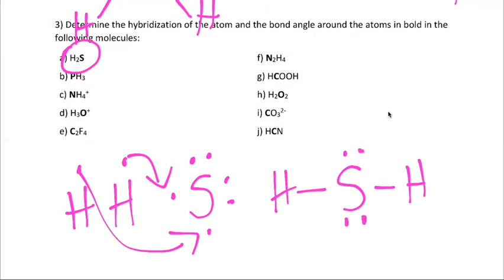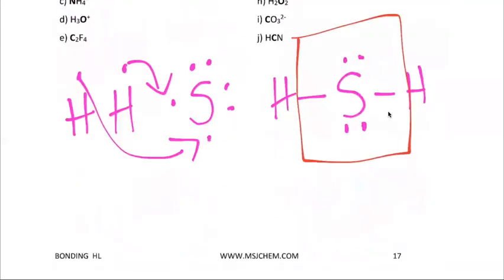If I look around the sulfur, because that's the one they wanted me to do, there are 4 electron domains. 2 of them are bonds and 2 of them are lone pairs. If I want to draw it better, it would look like this, because both of the lone pairs would be up here on top. Either way, it's got 4 electron domains, 2 bonds, 2 lone pairs.